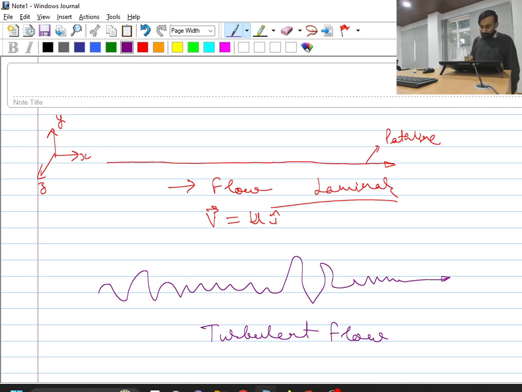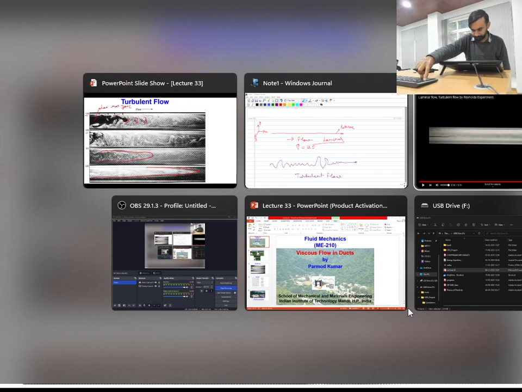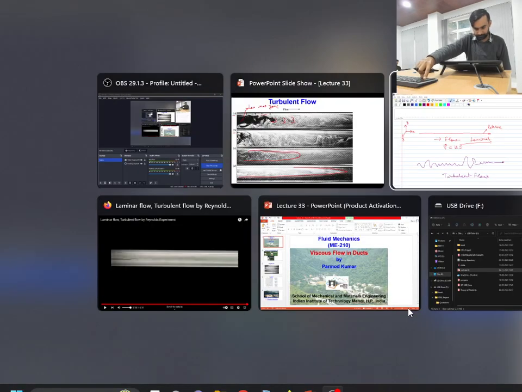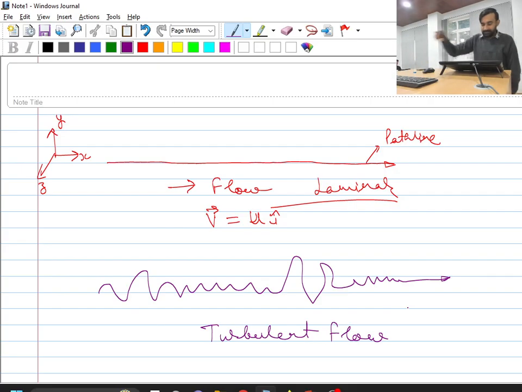In turbulent flow, the mean flow or bulk flow of the particle is in the x direction, but along with it there are also some oscillations.